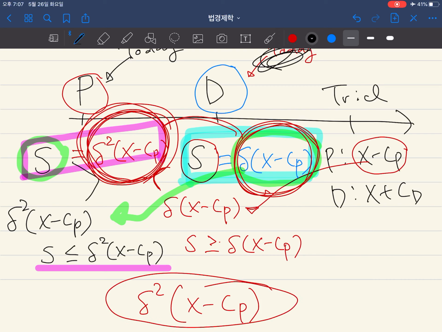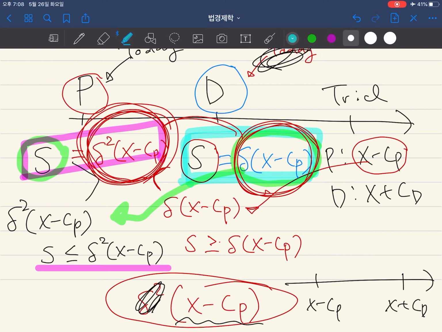You can see that if delta is equal to 1, this is X minus CP, and X minus CP is from our previous graph. This purple range is the possible range for settlement, and X minus CP is the bottom. So in this case, defendant is extracting all surplus from settlement.